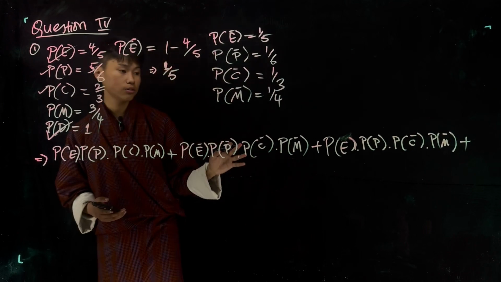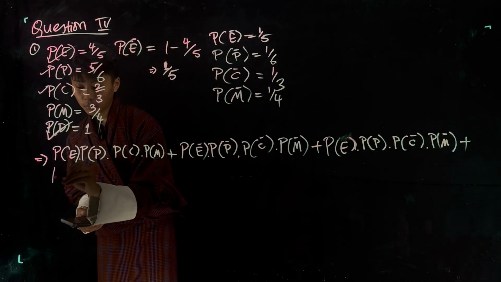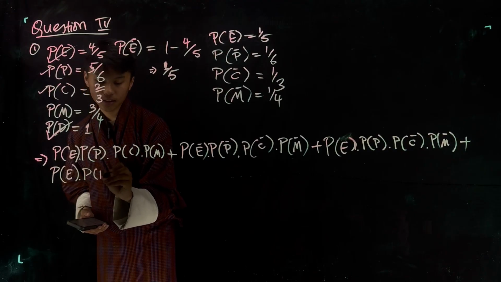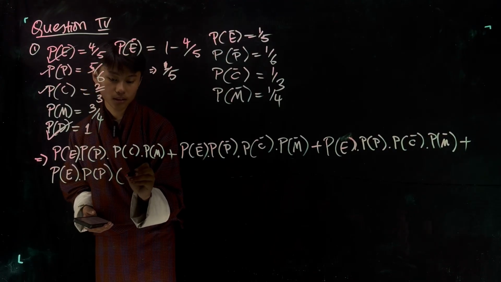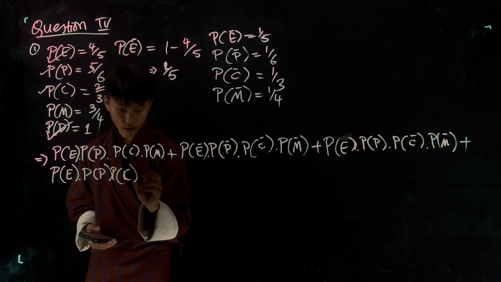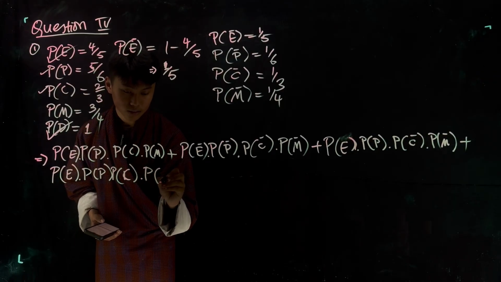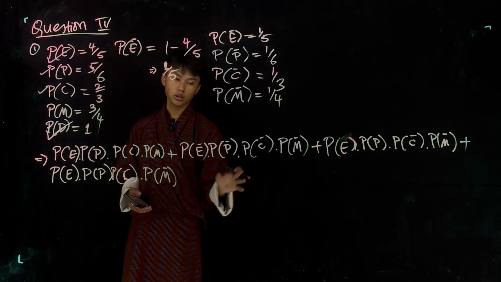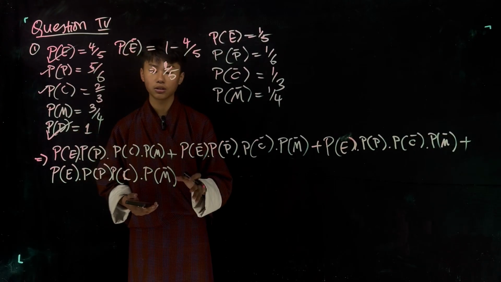Another way he can receive the pass certificate is by passing in English, passing in physics, passing in chemistry, and failing in mathematics. So these are all the possible ways in which he can receive a pass certificate.